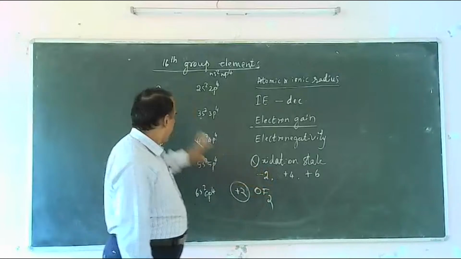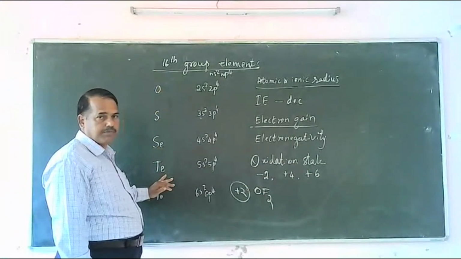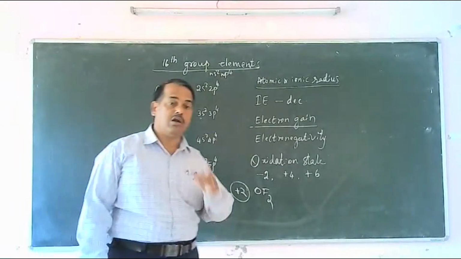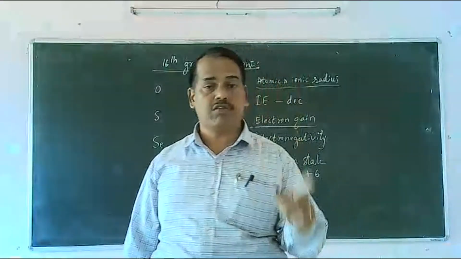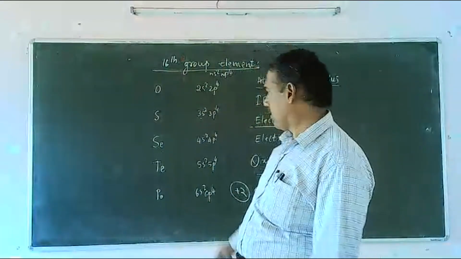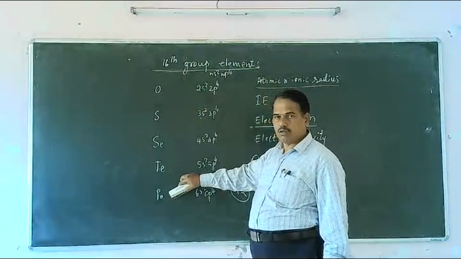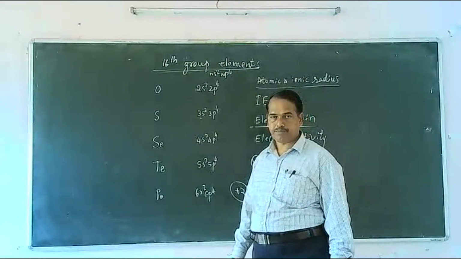Okay. Here, as you come down, the metallic character increases, and again it is due to the inert pair effect, which I clearly explained in the previous class. So as you come down, the positive oxidation state is favored.